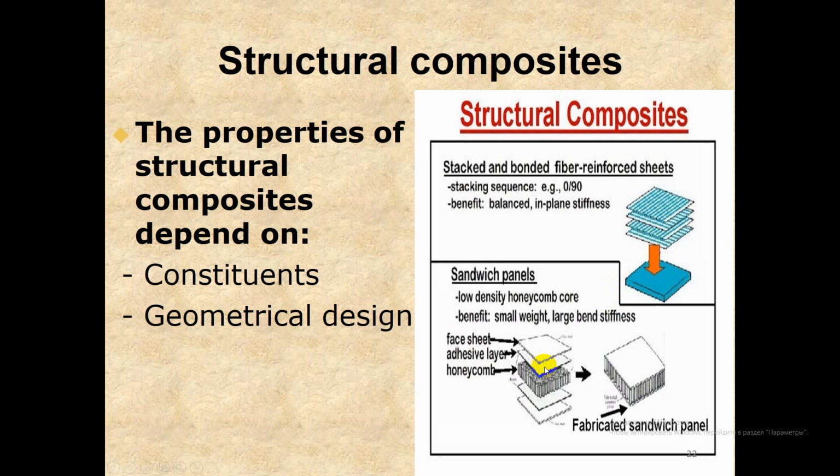And sandwich panels with a low density honeycomb core benefit small weight, large bend stiffness. Face sheet construction: face sheet, adhesive layer, honeycomb, and this is a fabricated sandwich panel.